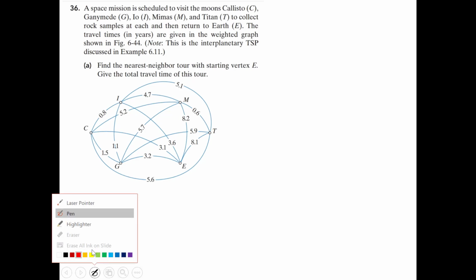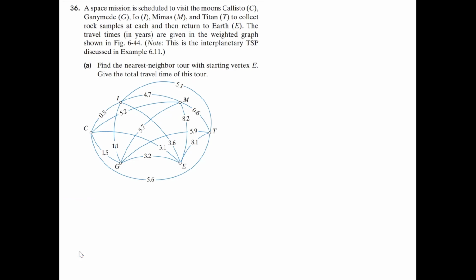Okay, so just like the name implies, we start at Earth and then we take the nearest neighbor, right? So we have an 8.1 here, a 3.6 here, and then a 3.1 here and a 3.2 here. So the nearest neighbor would be the 3.1.